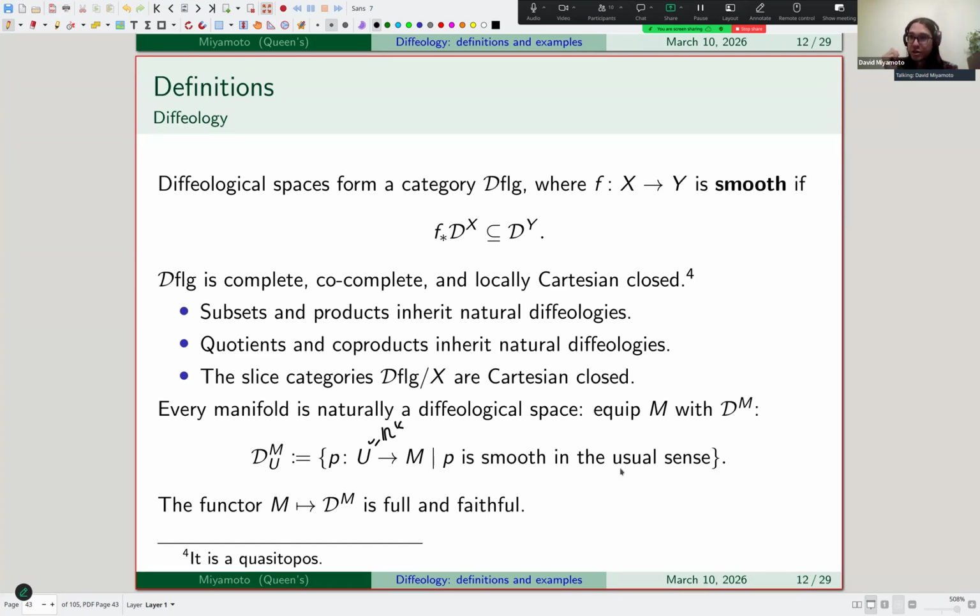That collection will be a diffeology on M. And when you view M as a diffeological space with this diffeology, you don't get any more smooth maps. In other words, the functor from M to DM, M viewed as a diffeological space, is full and faithful.